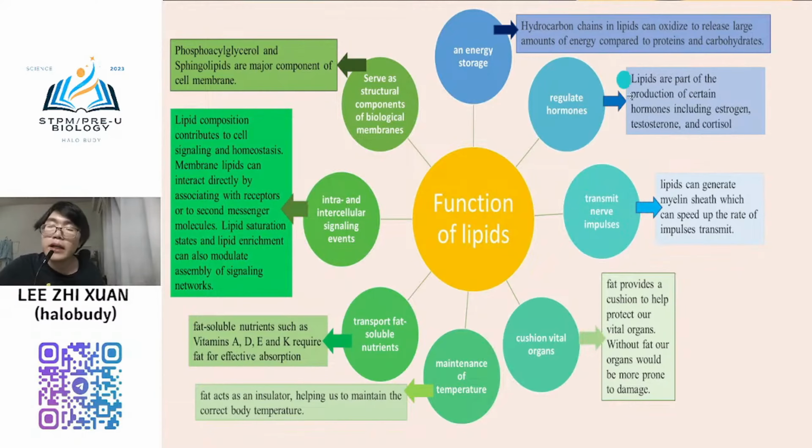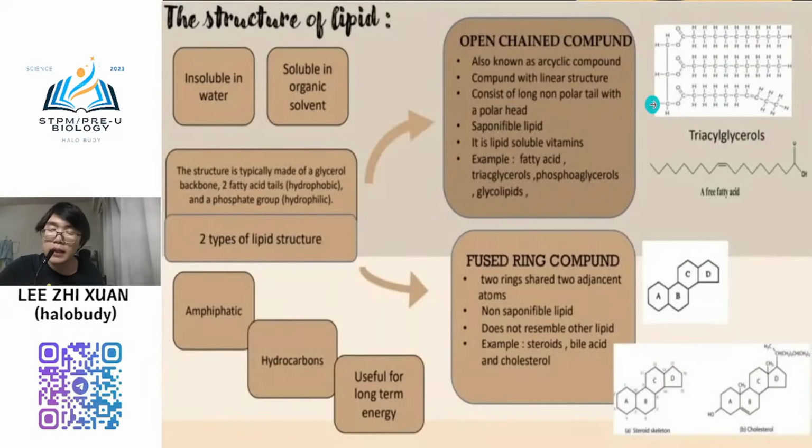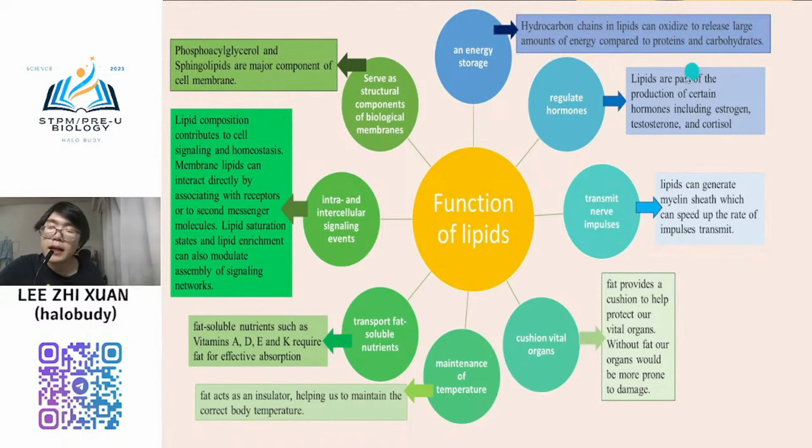So they regulate hormones, meaning that they are part of the production of this kind of hormone. And also transmit nerve impulse. Lipid can generate myelin sheath, which can speed up the rate of impulse transmission. Later you will see this in chapter 2 about the nervous tissue, but I think you also learned this in SPM, though I don't know if you still remember.